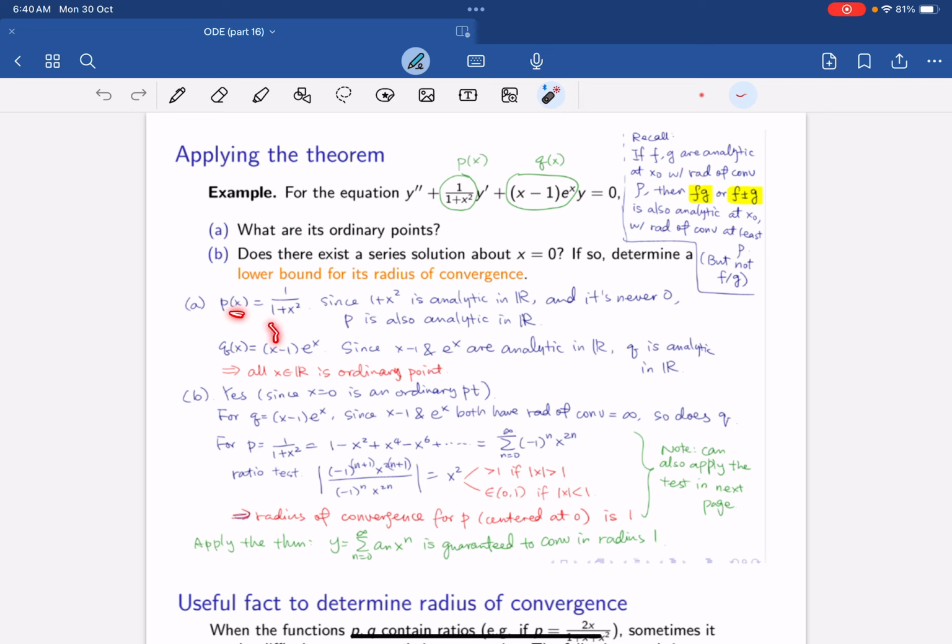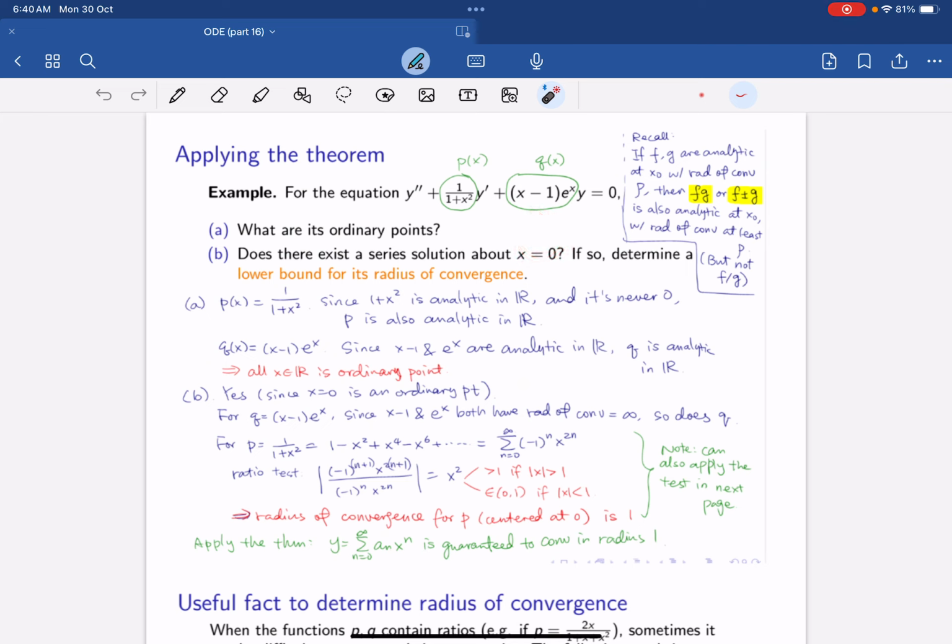This is analytic and it is never zero, so P is also analytic over the whole of the real numbers. As for Q, it is analytic throughout the real numbers as well. So combining these two, all x in the reals is an ordinary point.